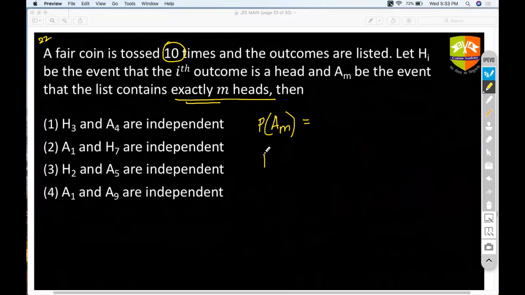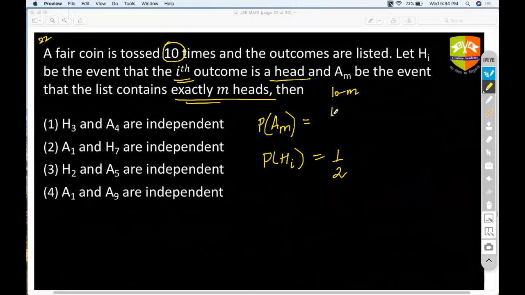HI is basically the probability of getting the ith outcome as a head, which is very simple. That's going to be half, right? Any outcome head is half because it's a fair coin. But what is PAM? So if you want exactly M heads to come, that means 10 minus M tails should be there, right?